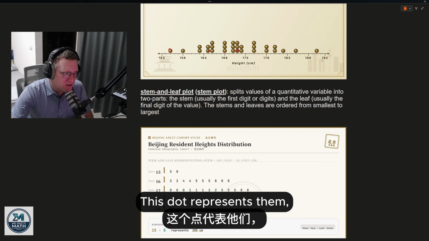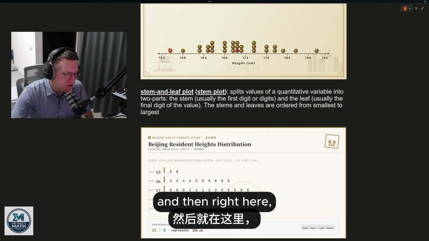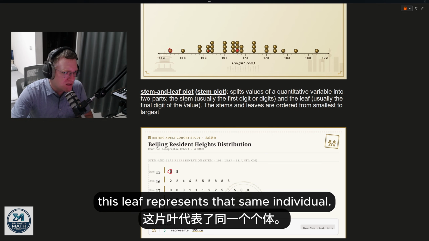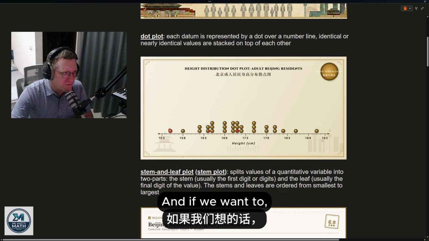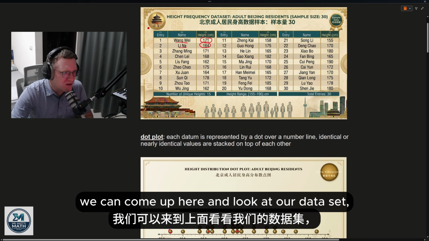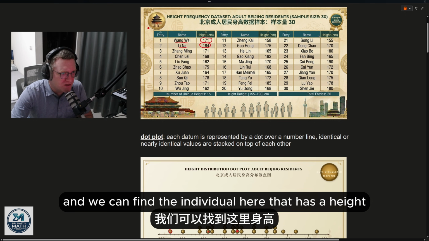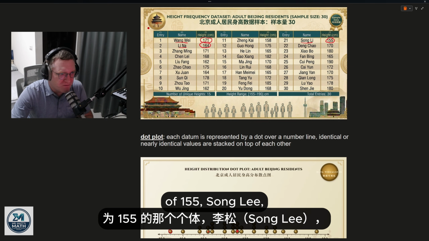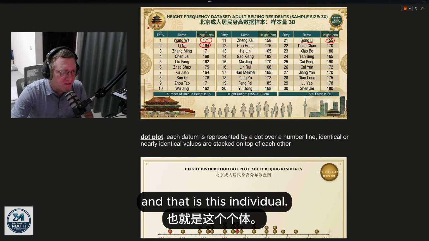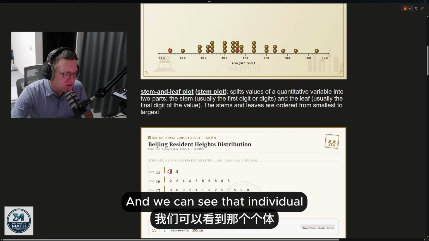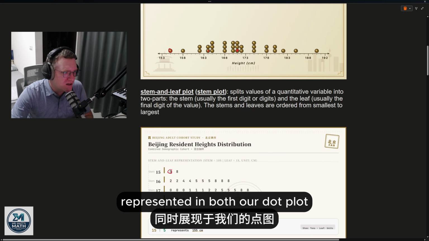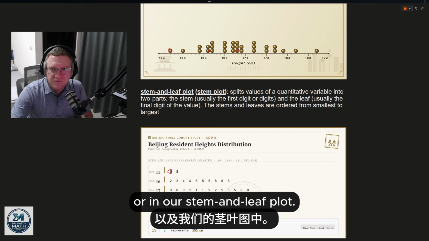This dot represents them, and right here, this leaf represents that same individual. If we want to, we can come up here and look at our data set and find the individual that has a height of 155, Song Li, and that is this individual. We can see that individual represented in both our dot plot and our stem and leaf plot, okay?